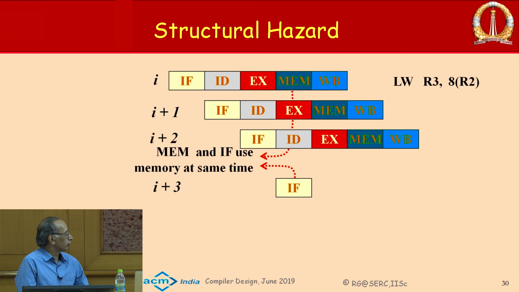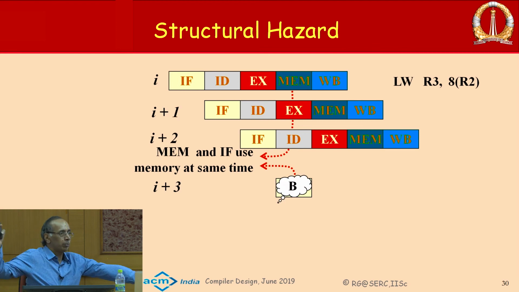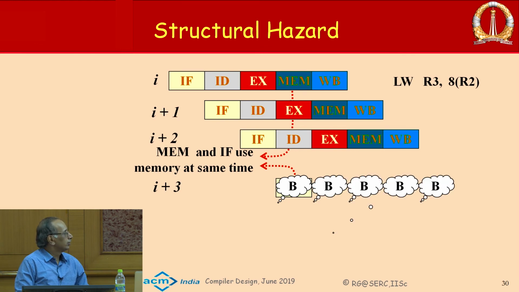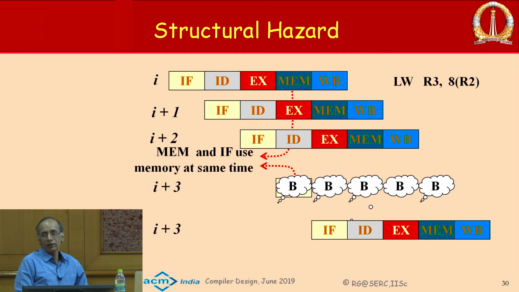So, if there is a structural hazard, then you say okay, you wait for a second, let that one finish and then go. And then this instruction is going to start in the next cycle. So, if this completes at time t plus 1, nothing comes out, whereas at time t plus 2 the next instruction comes out. This is what we are going to call a stall or a bubble.